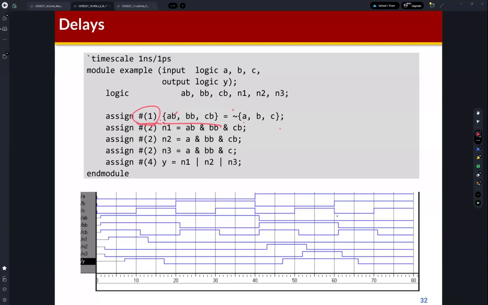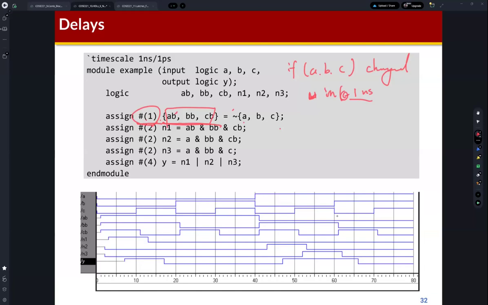It means if A, B, C are changed, then after 1 nanosecond, the changed value will be reflected to the left-hand side signals.